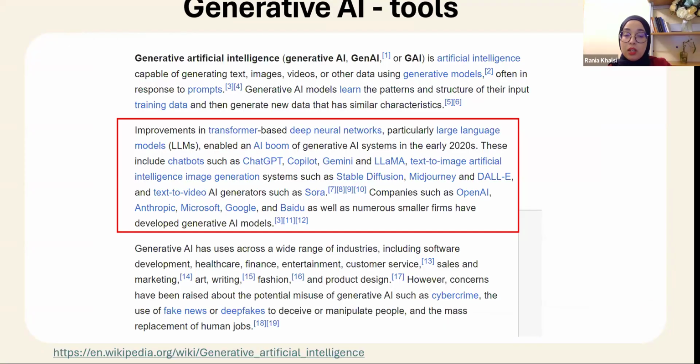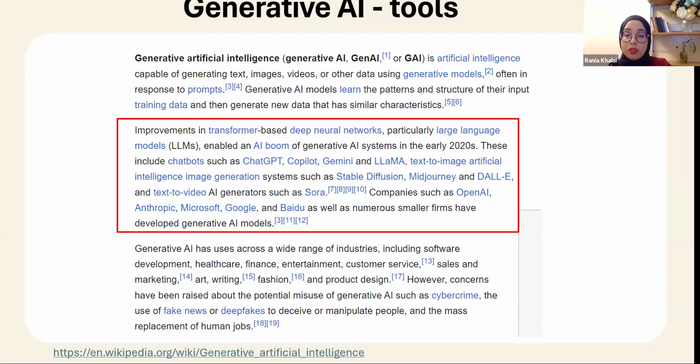You have so many. Generative AI tools have become increasingly widespread since 2020 maybe, and this is the AI boom. This particular boom was driven by major advancements in transformer-based deep neural networks and especially large language models.